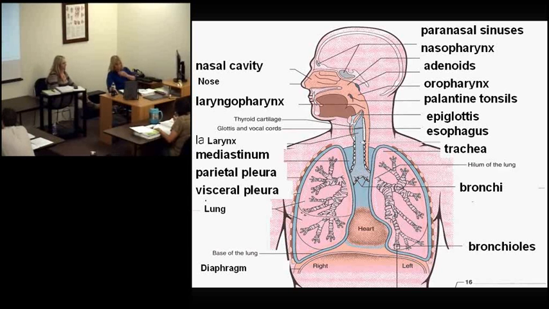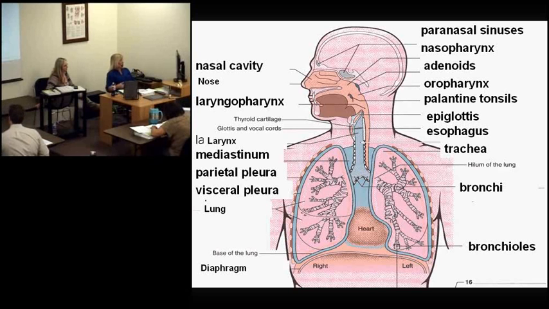Then if you turn the page, you have respiratory man. It has a lot of the same things that I have here, but it doesn't have the laryngopharynx and all of that. So it's a really good idea before you take our test that you transfer all the things that are on this drawing that I gave you in the handout into your book on page 164.